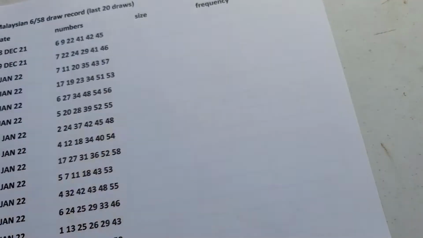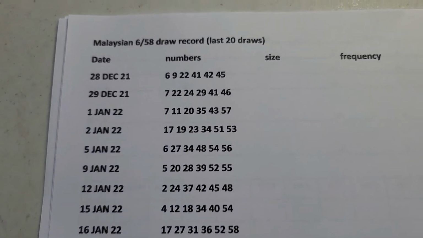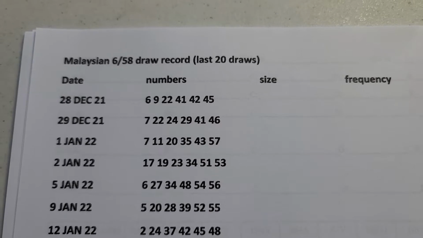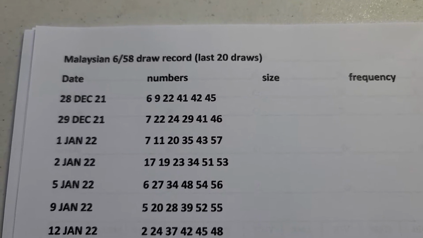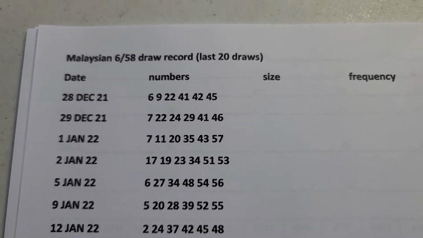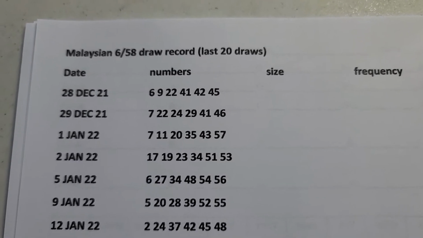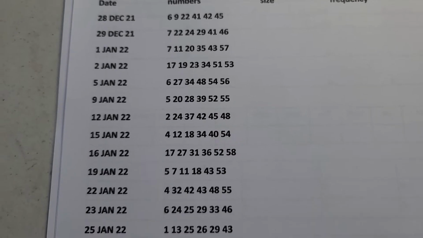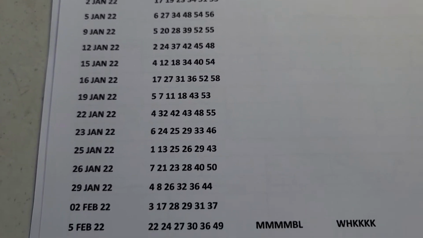Okay, the third document that I use for this is the draw record. And instead of looking at all 100 numbers, what I look at when I start working this is the last 20 draws.